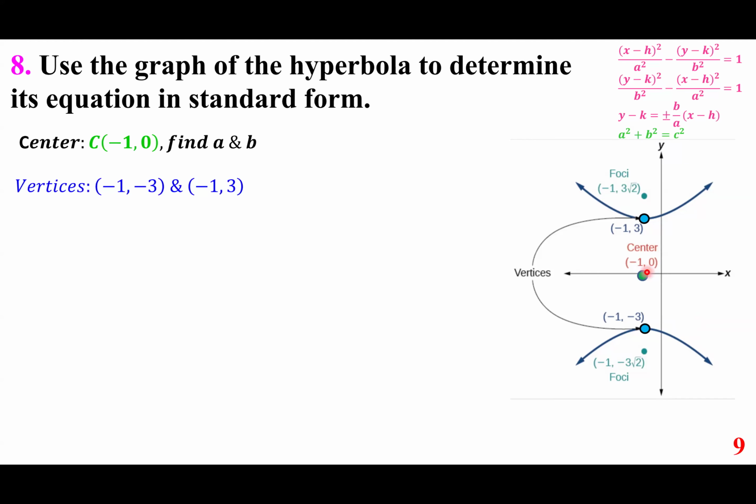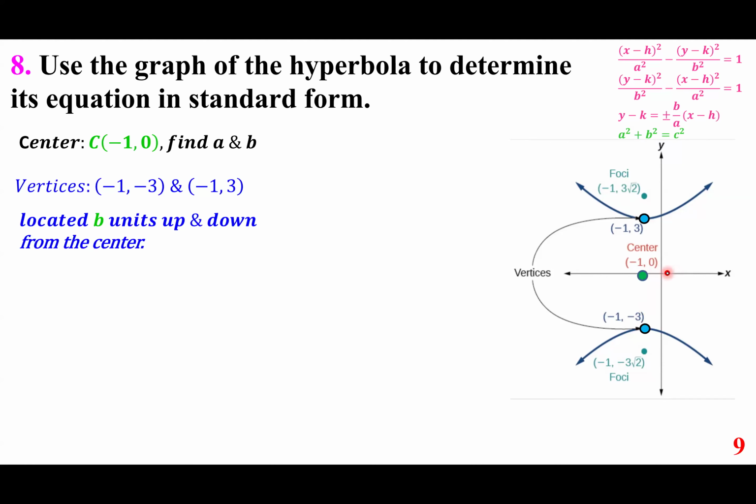So this much, that means it's located this much above the center and this much below the center. That is the B units. So located B units up and down from the center. So they have the same x coordinates. The difference between 3 and 0 is 3, or 0 minus -3.